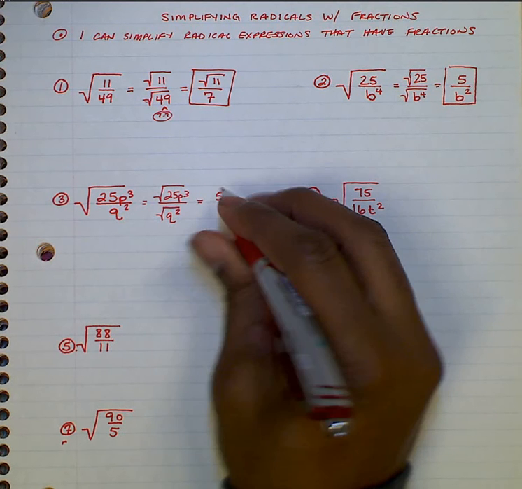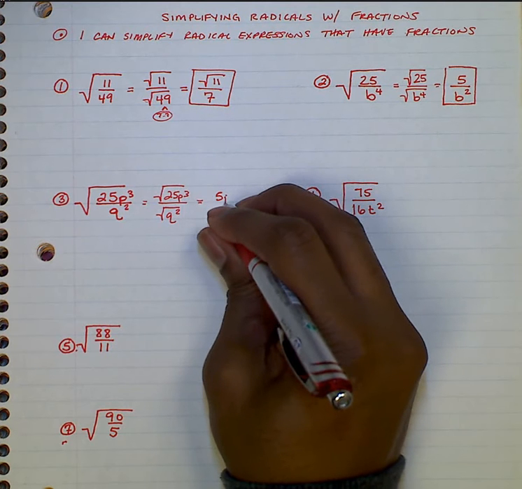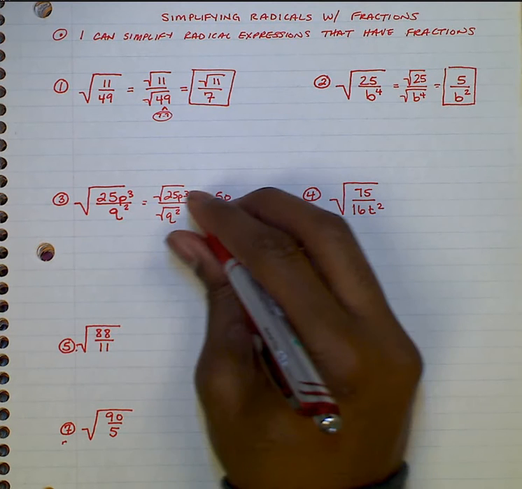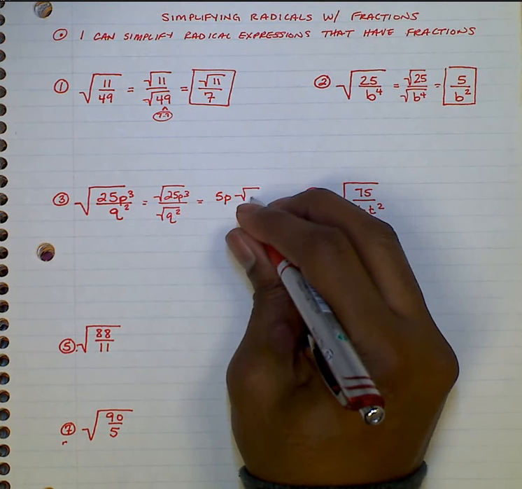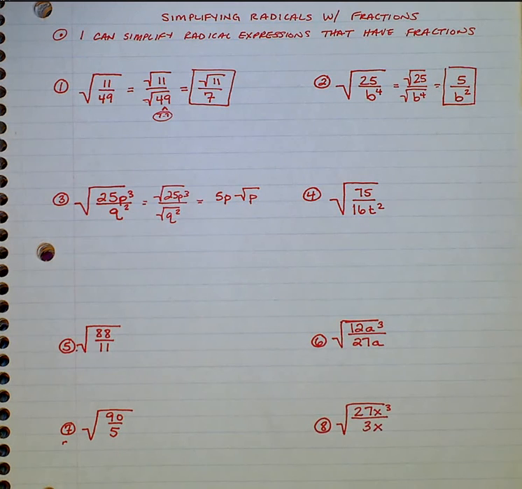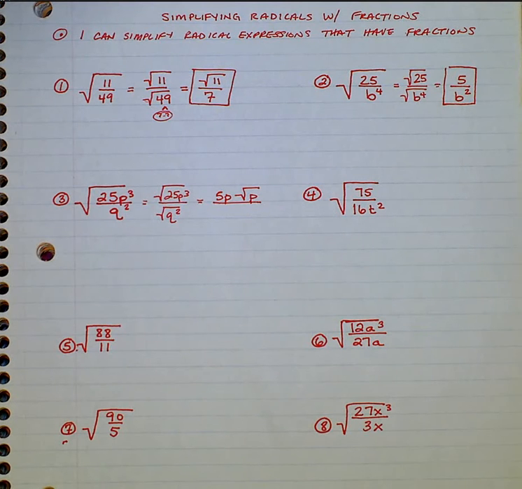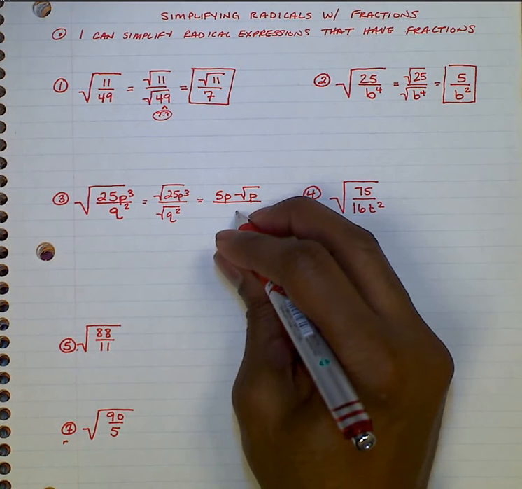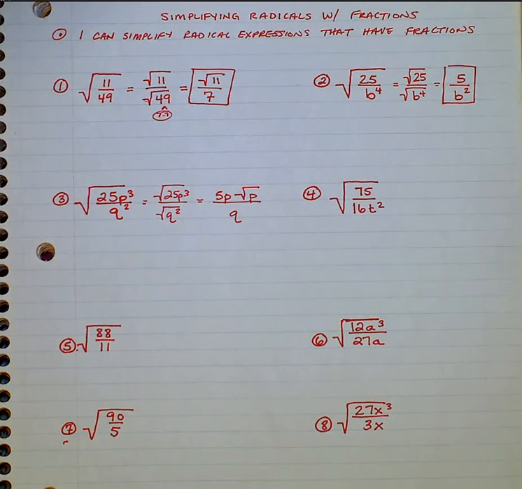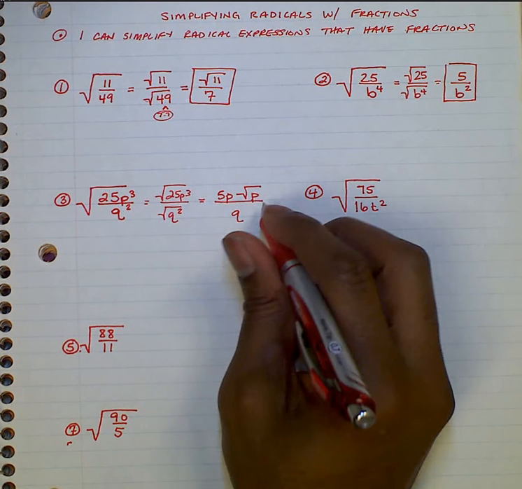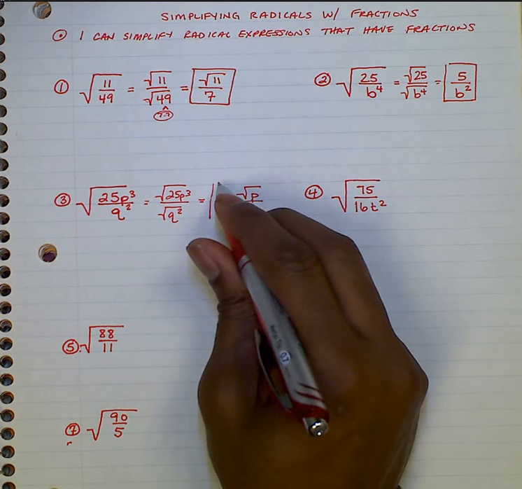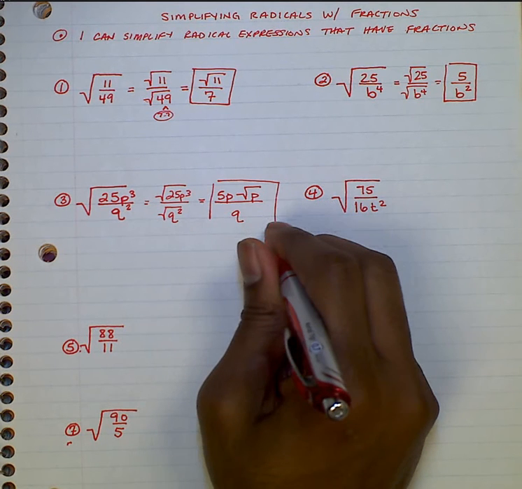P to the 3rd, I have a pair of p's, and I have one p that doesn't have a pair, so it stays inside the radical. Radical q squared is just going to be q. I look to make sure there's nothing I can do to simplify it, and there's not. Here's my final answer.